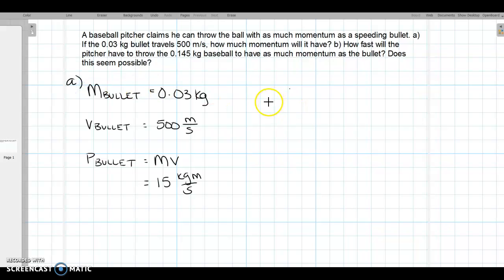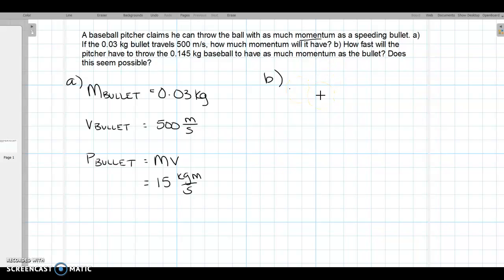The baseball pitcher is claiming that he can throw with as much momentum as the speeding bullet. So we want to use the momentum that we're given in part A for part B, because we want those momentums to match. If he's claiming that he can match this momentum, then the momentums should match.